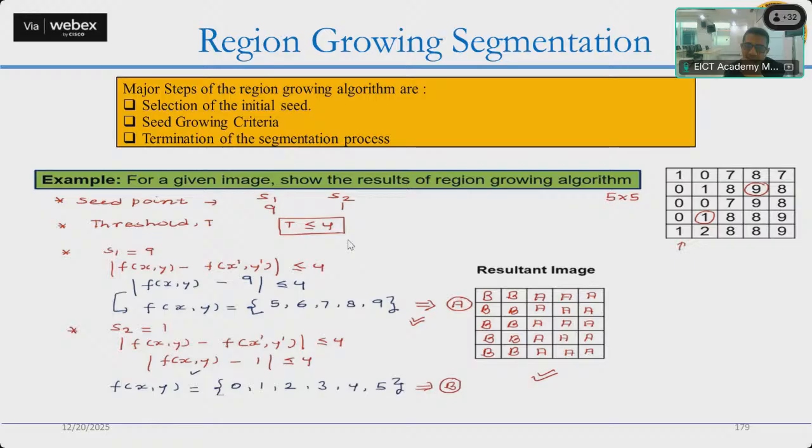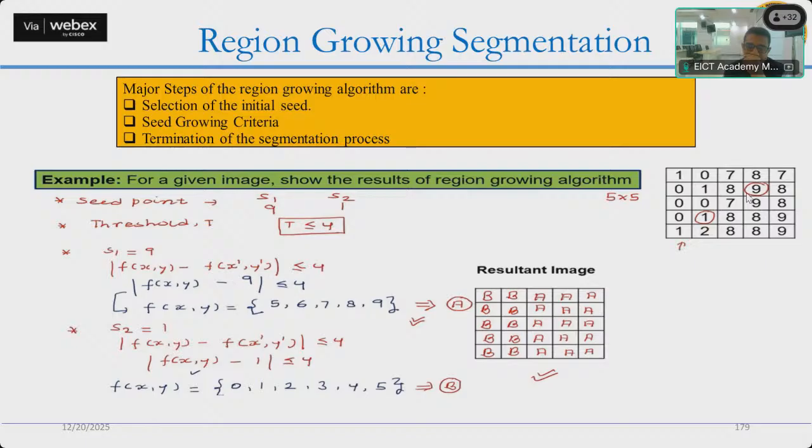That threshold is T, and the seed point is basically the initial point that you are taking. Initially, we have selected these points.